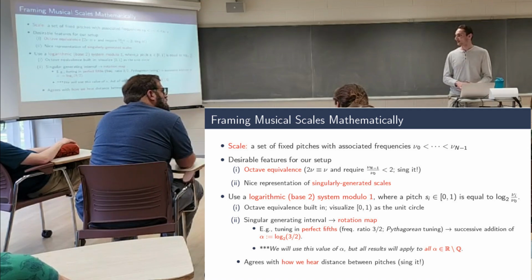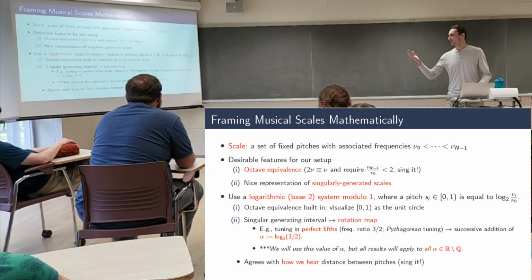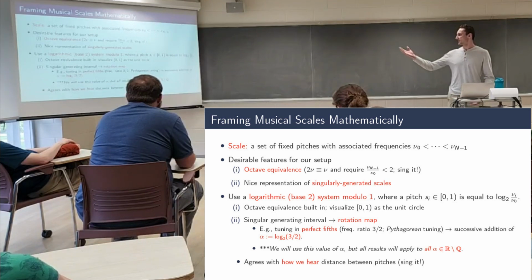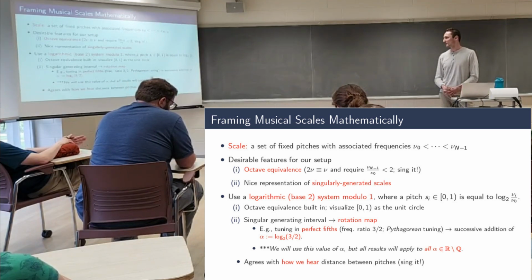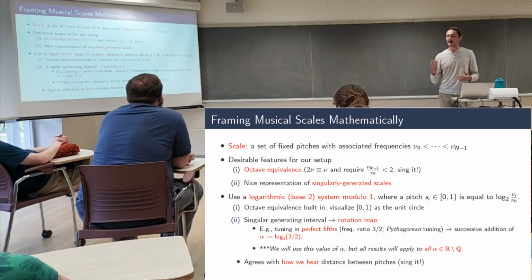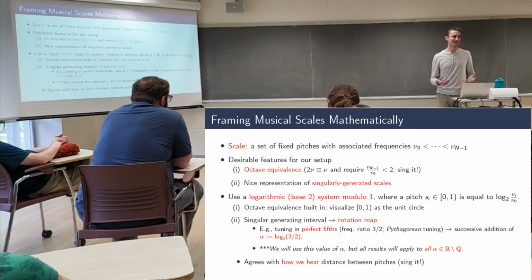To illustrate this, first we get octave equivalence from that. The lowest frequency, nu naught, will become log base 2 of nu naught over nu naught, which is 0. And then if we take 2 times that, the log base 2 of that over nu naught is 1.